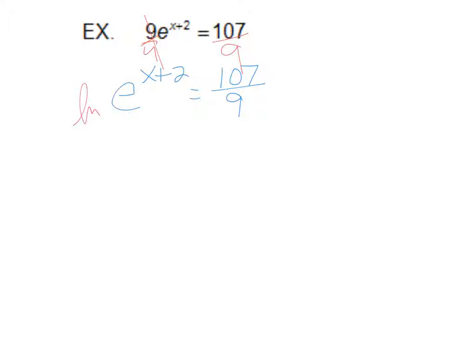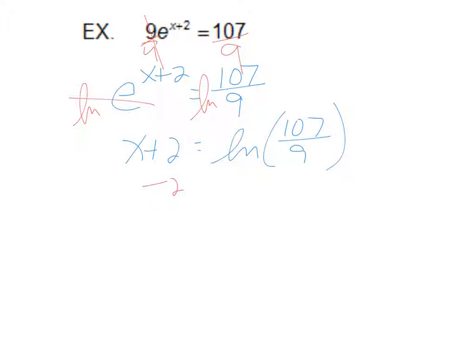Then we'll natural log both sides. x plus 2 equals the natural log of 107 over 9, and then subtract 2. So all into the calculator. We end up with x equals 0.4756.